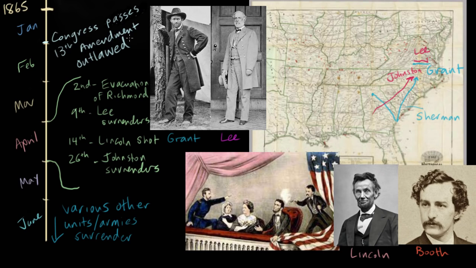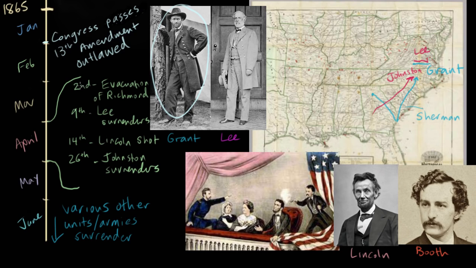Now, Grant, after his incredible victory in Vicksburg, Tennessee, has been going after Lee's army in Virginia. Lee has holed up in Richmond, and eventually he realizes his forces can't stay there anymore. They can't hold the city. So in the beginning of April, they evacuate Richmond, and on April 3rd, the United States forces occupy Richmond.